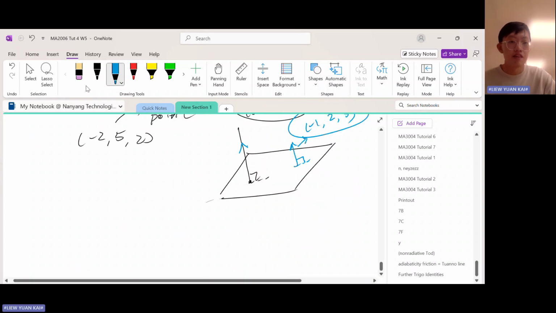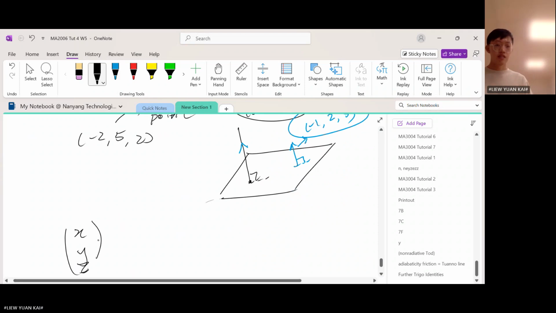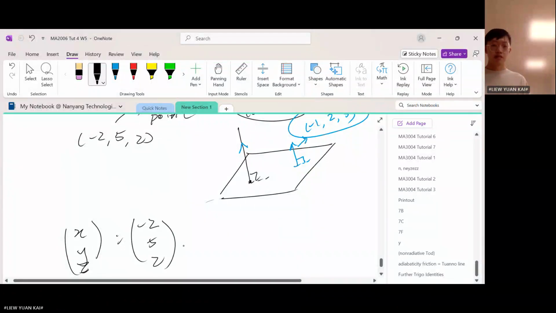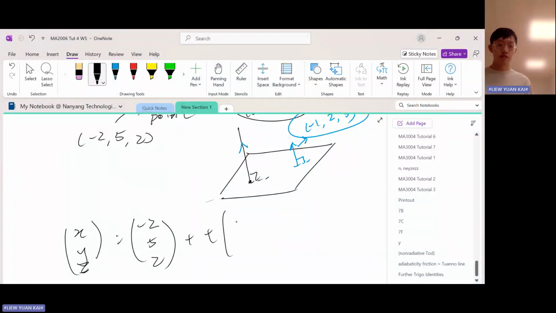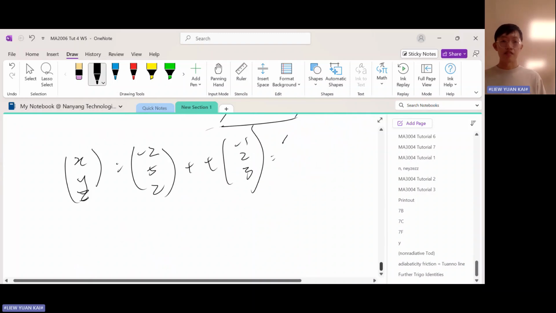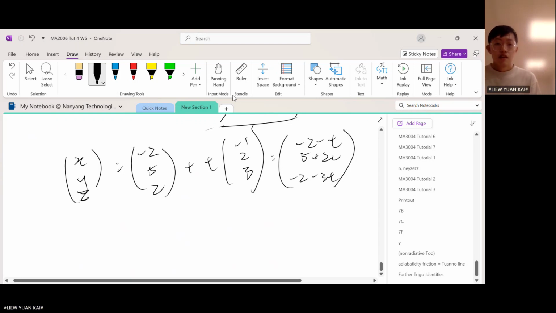So now we can fill in the formula: x, y, z is equal to negative 2, 5, 2 plus t times negative 1, 2, 3. And that's it. You can just leave it like this. Or if you want to simplify it, you can go ahead and add up the corresponding entries. But you can stop there already.